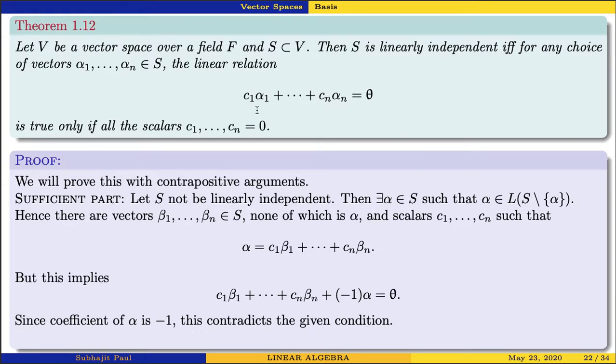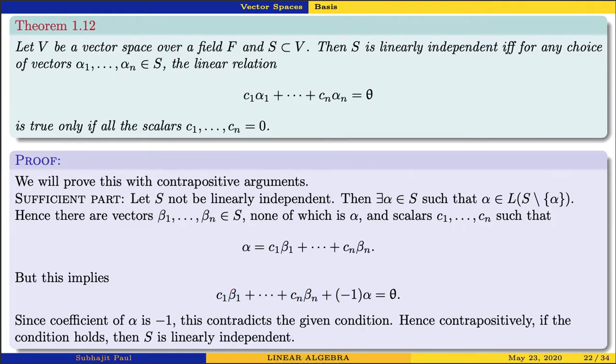The condition says that this kind of a linear combination equal to theta is only true for the only choice of scalars all 0. So here this one is again a linear combination in S, but here we have got a coefficient which is not 0, so it contradicts the given condition, right?